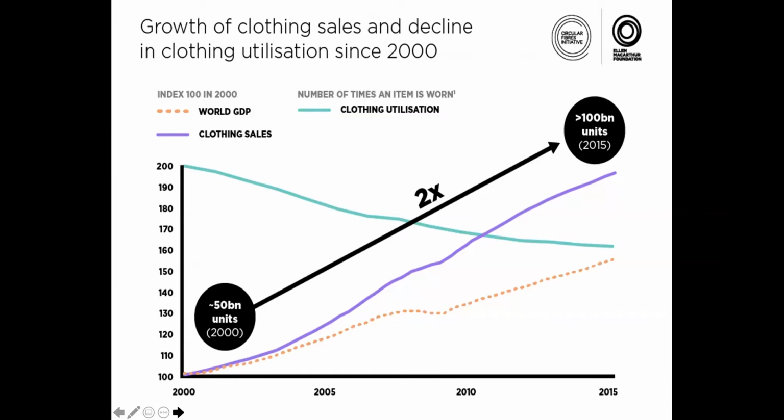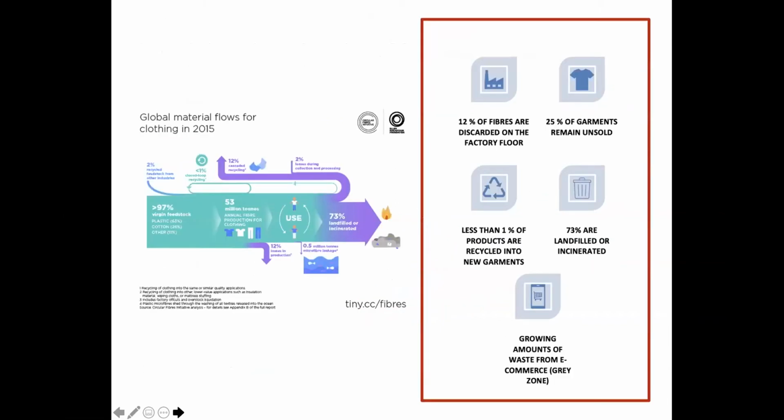At the same time, the green line is our using time of clothes is going down. So we have more clothes and we use them less. And that has many environmental problems connected to it. But of course, the biggest is the waste. We have too much stuff.